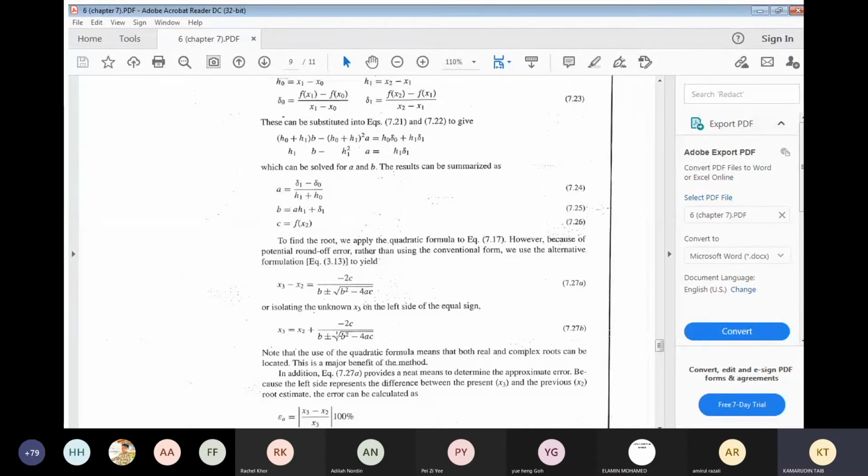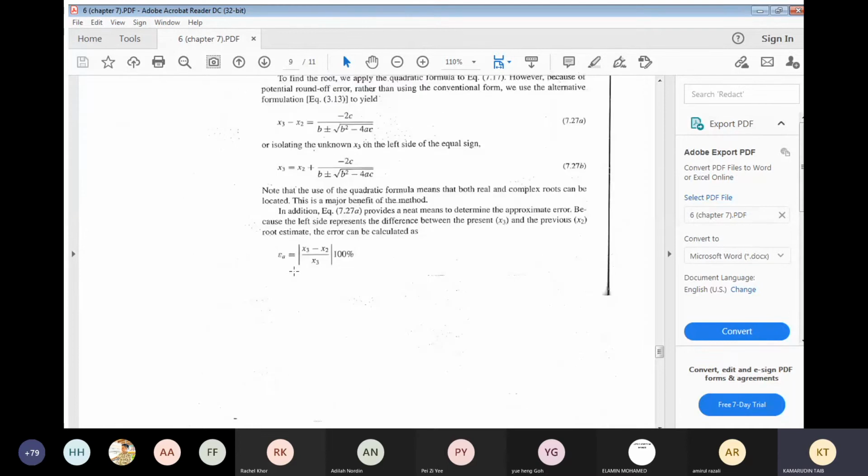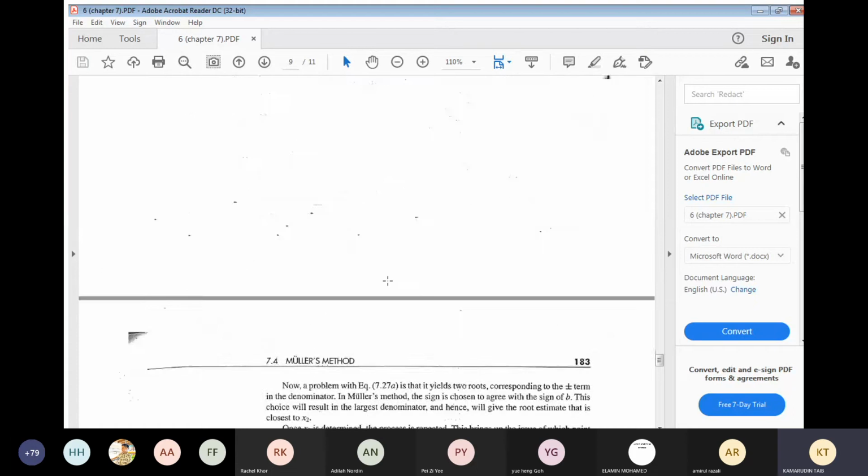By using this quadratic formula, we are able to find the complex roots together with the real roots. And the relative error is calculated by using this equation, the absolute value of x3 minus x2 divided by x3, times 100.